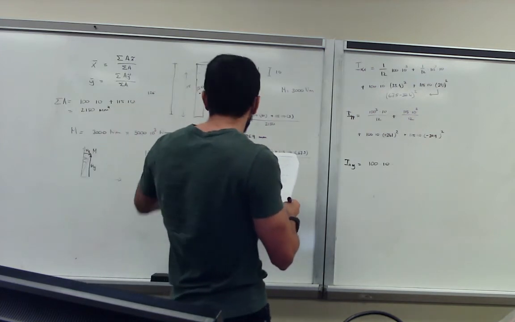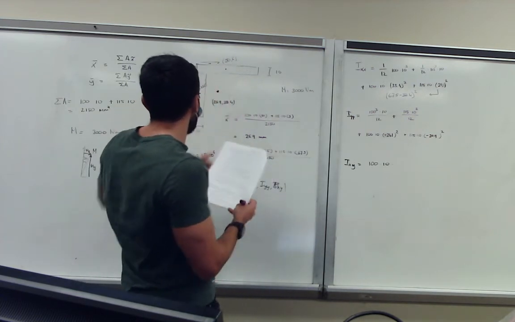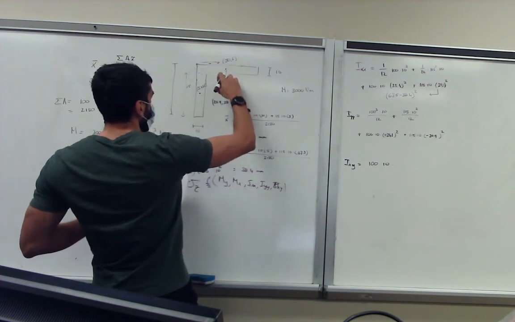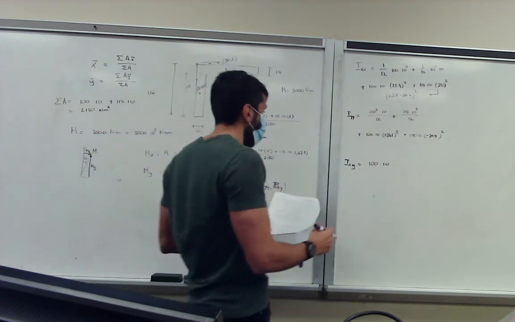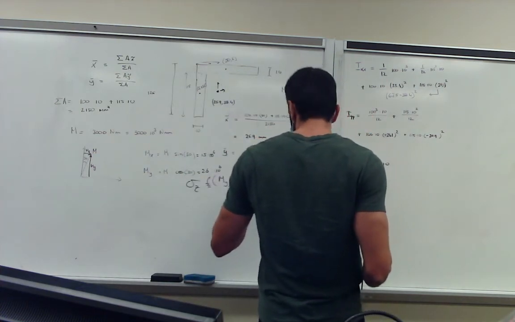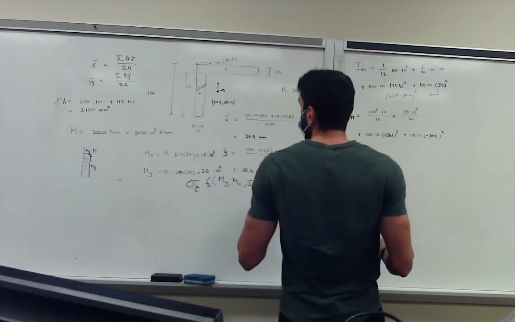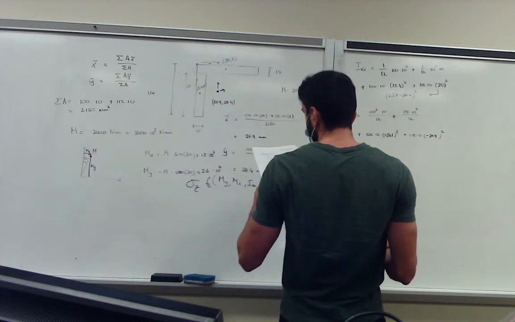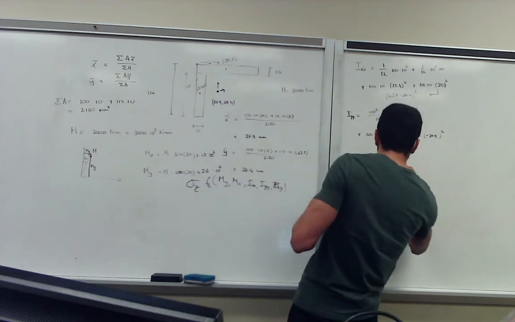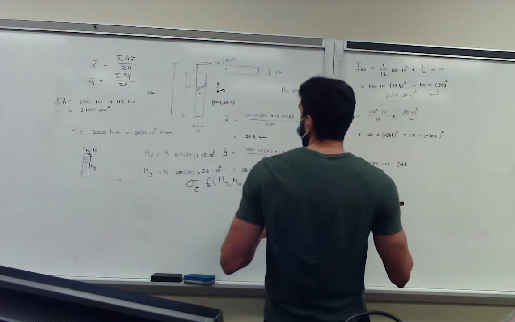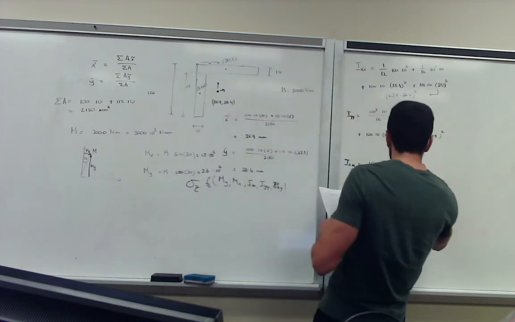Both of the coordinates lie positive to it, so both the x distance and the y distance become positive. So we get 24.1, that's your x distance.